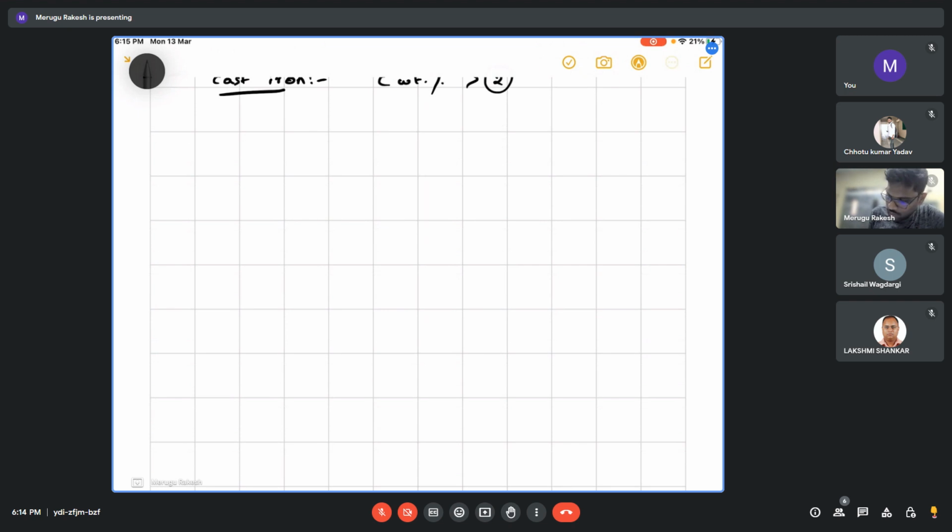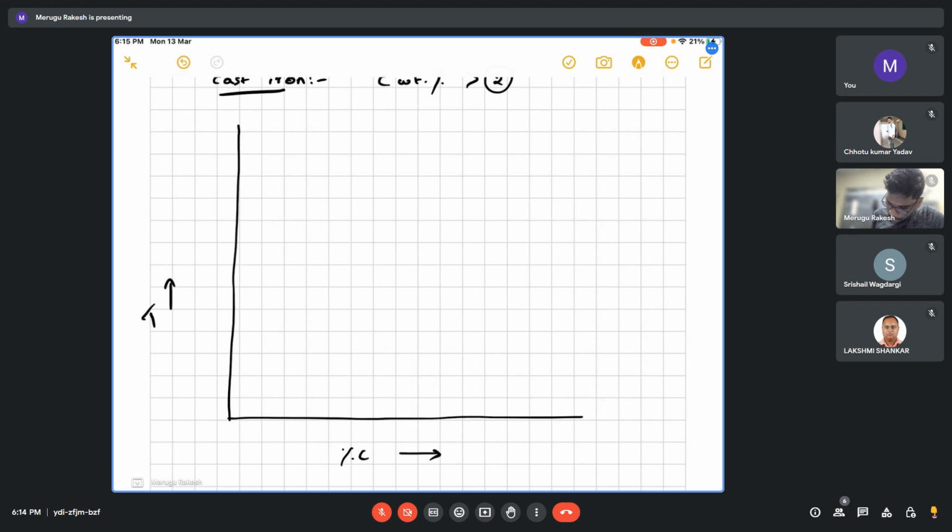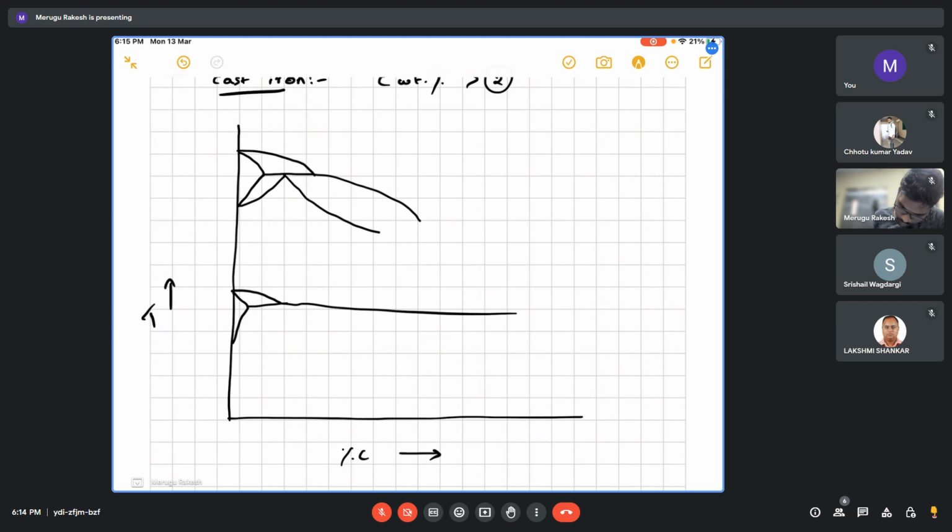If you see this iron carbon diagram, with percentage of carbon and temperature, this is how a typical iron carbide diagram looks.